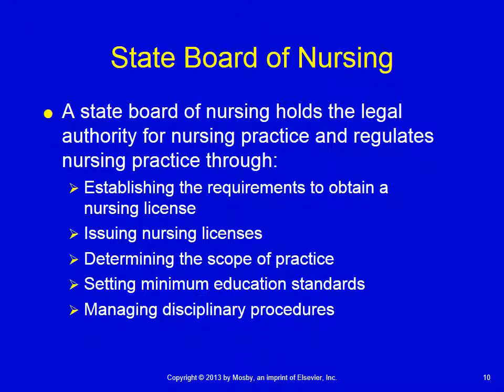So we're going to move on to the State Board of Nursing, which is the governing body that oversees the licensing of registered nurses. And licensing laws have been put into place to protect the public from unqualified people providing health care to the public.